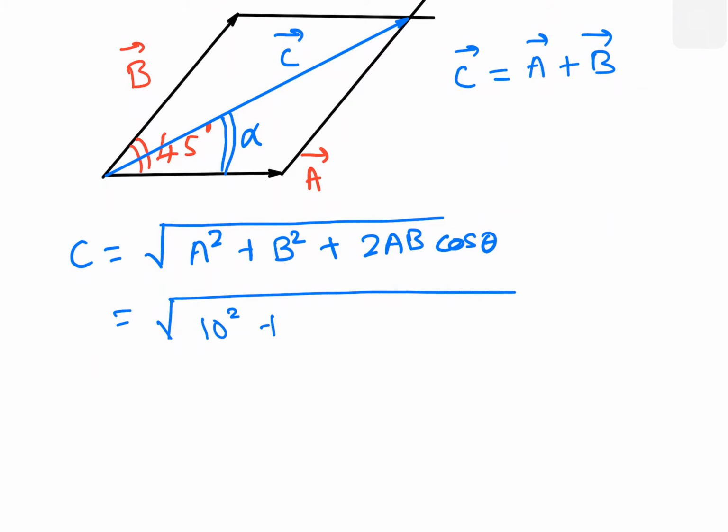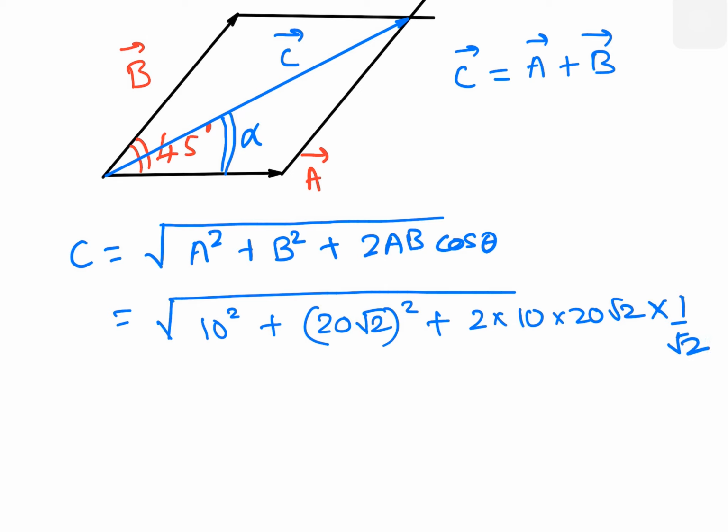So 10 square plus 20 root 2 whole square plus 2 times 10 times 20 root 2 and cos theta. The angle between A vector and B vector is 45 degrees, so we get cos 45 degrees, which will be 1 by root 2.